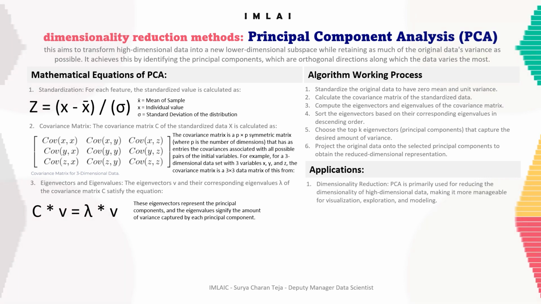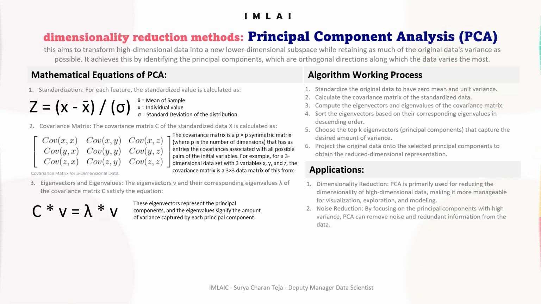Other than that, we can do noise reduction. It can be used in noise reduction by focusing on principal components with high variance. PCA can remove noise and redundant information from the data. Similarly, we have data visualization. PCA is widely used for data visualization, especially when dealing with data in more than 3 dimensions.